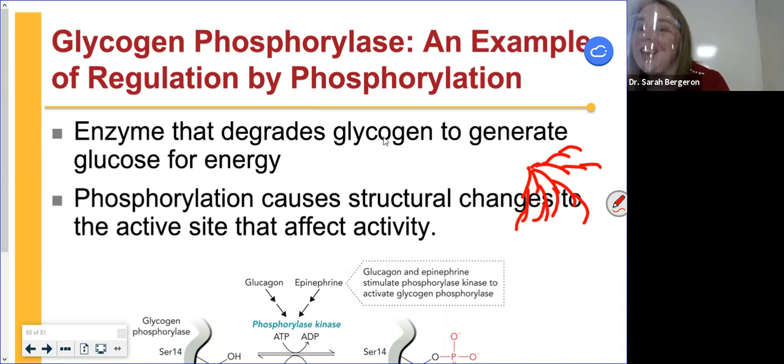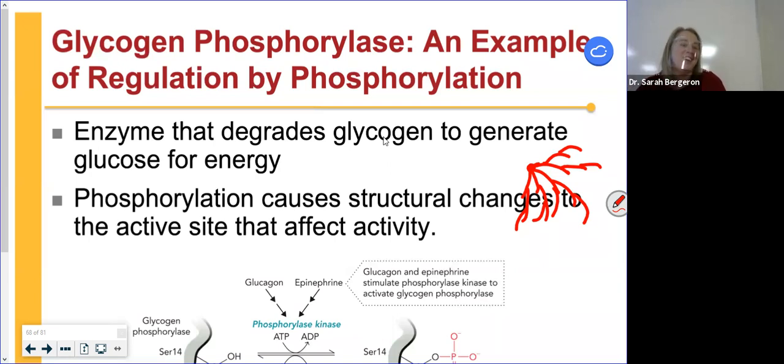Anybody? Yes? Yeah, it's got the kind of hard center, and then it's got the little finger things that come out, right? And they all come out because we want lots and lots of branches, because at each endpoint of a branch, you can cleave off a glucose molecule. So very, very quickly, you can have enzyme activity shoot up, you can cut glucose molecules off, put it into the bloodstream. Now we have high blood sugar, and now our muscles can go crazy and we can run a mile and get away from the bear, right?